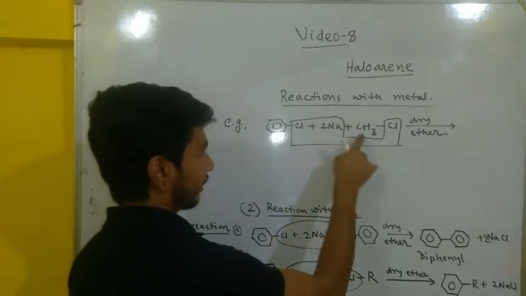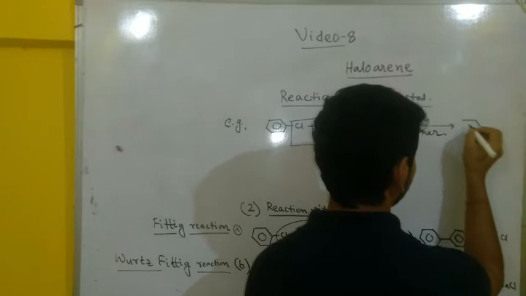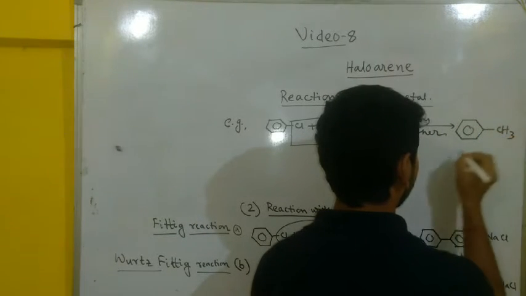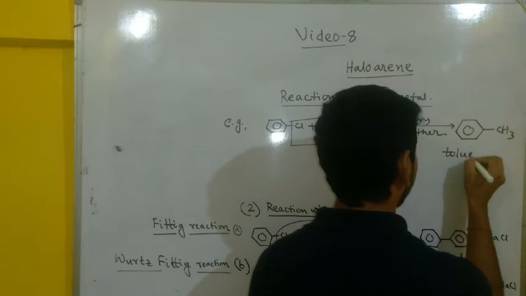Now benzene and CH3 together give toluene.